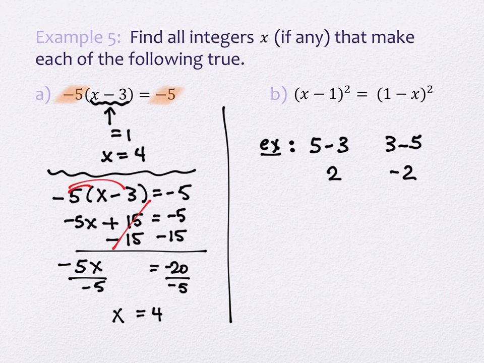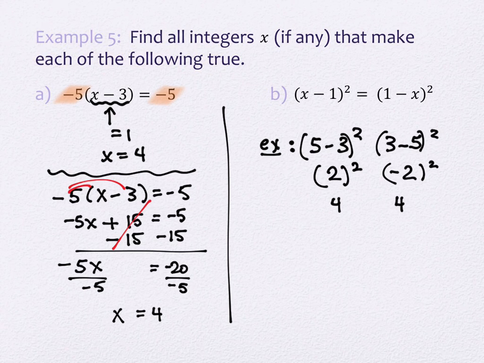So if I take the number on the left and I square it, what would I get? 4. And if I take the number on the right and I square it, what would I get? 4. Now what can you tell me about those numbers? They are the same number.